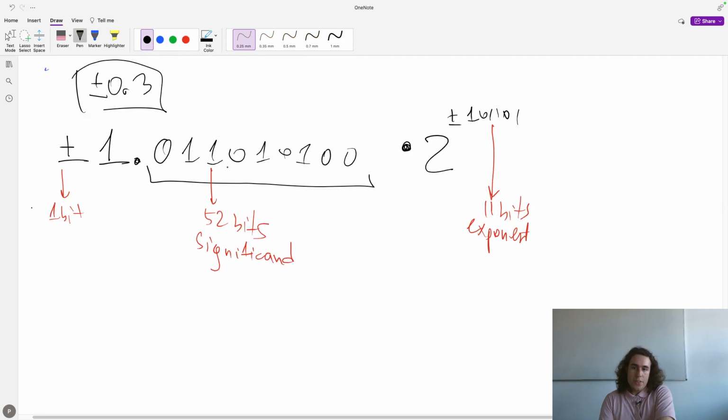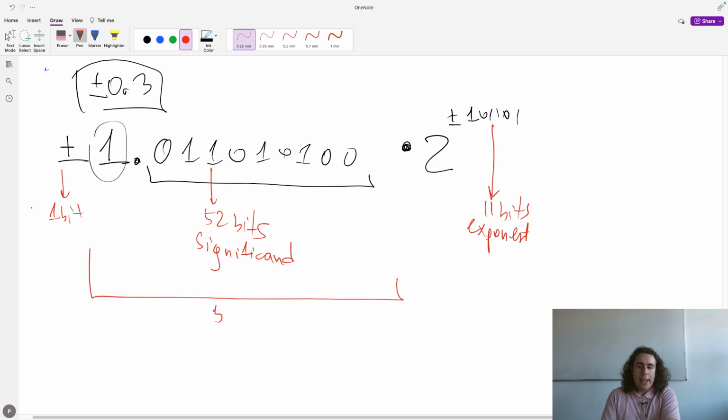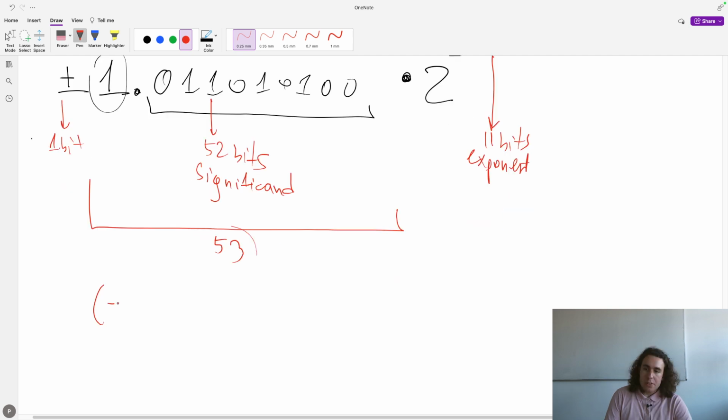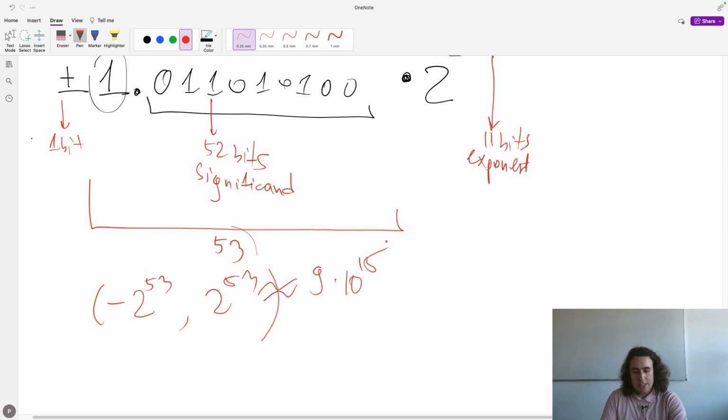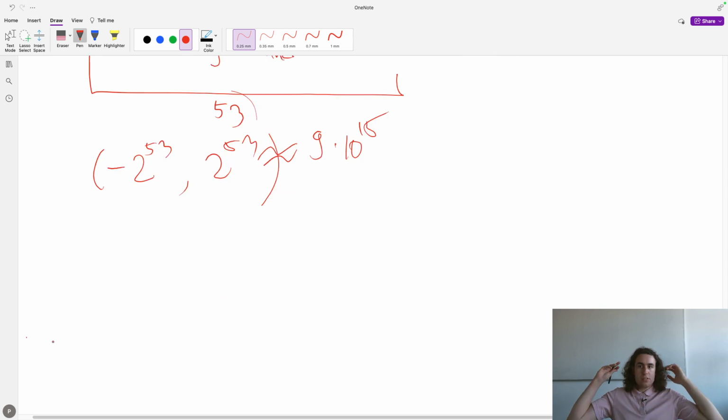Note that we store 52 bits, and the leading bit is always 1, so we effectively have it. So we can actually store exactly any 53-bit number, plus or minus. All numbers from minus 2 to the 53 to 2 to the 53 are stored exactly. 2 to the 53 is approximately 9 times 10 to the 15. So theoretically, all numbers almost up to 10 to the 16 we can store with absolute precision.